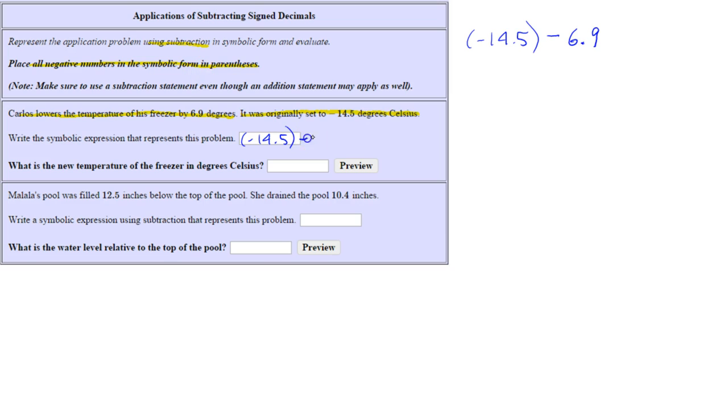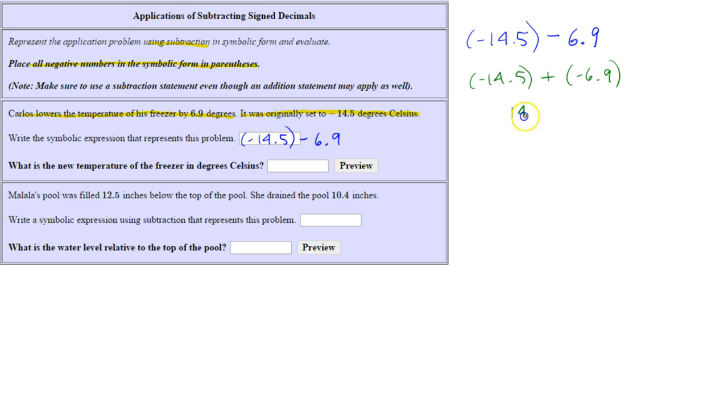Notice I'm putting the negative number in parentheses, and this is representing subtraction. Now let's find the temperature. I'm going to rewrite this as addition. So negative 14.5 plus negative 6.9. Okay. So we want to combine these two negative amounts.